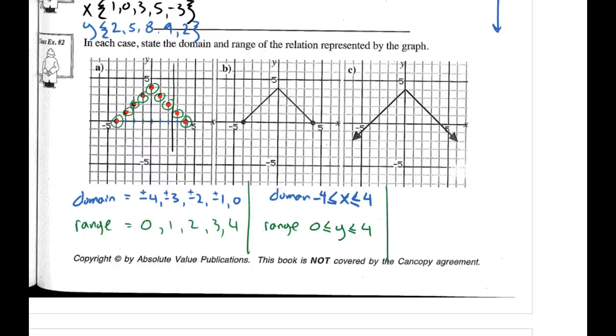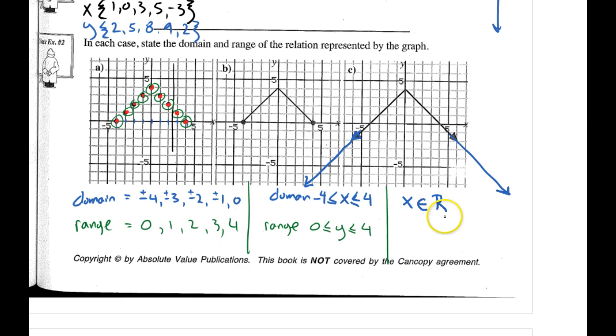The only difference is these arrows, and that is a big deal because what the arrow does is tell you that it's going on forever and ever in this direction. So if that's true, then how we write it is x, and then we do a little funky e like this. That's the Greek e, and then the big R. What this says is that x belongs to all possible numbers.